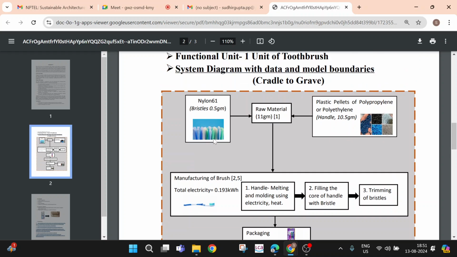Here, this data has been taken from internet sources and some research papers. On average, 11 grams of raw material will be required for making one toothbrush. Out of that 11 grams, the bristles that we apply on our teeth are around 0.5 grams, and the handle is around 10 grams, made up of polypropylene or polyethylene materials.